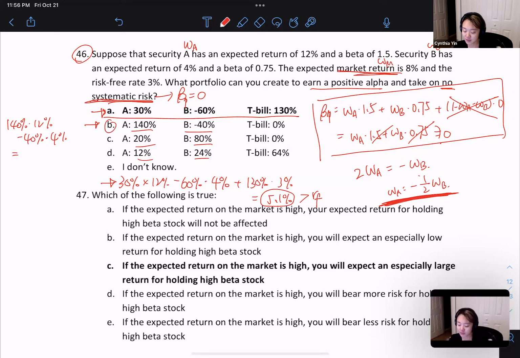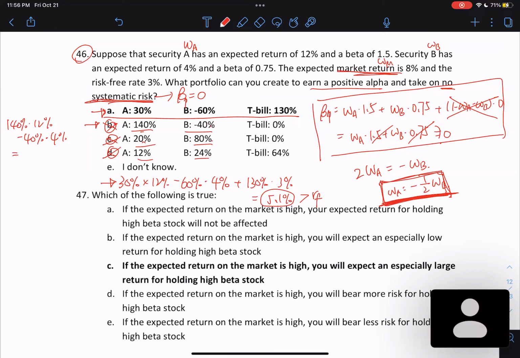B, C, D might have positive alpha if you calculate the expected return and the portfolio beta, but their portfolio beta cannot be 0. So B, C, D are wrong because these relationships, 140, negative 40, and 20, 80, do not satisfy this relationship here. So the beta P cannot be 0.